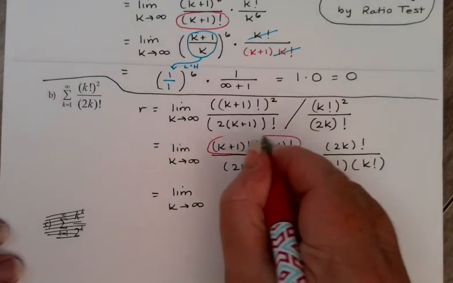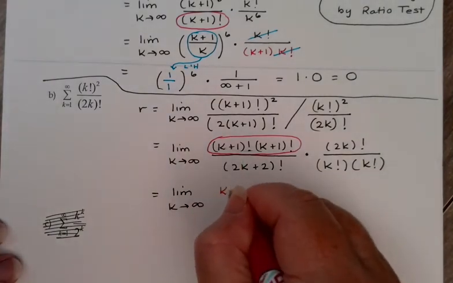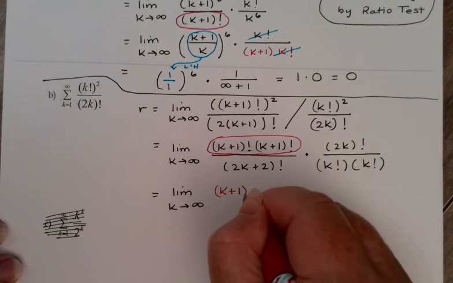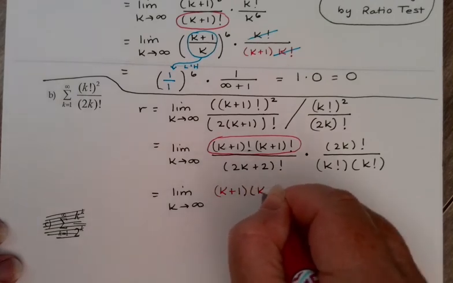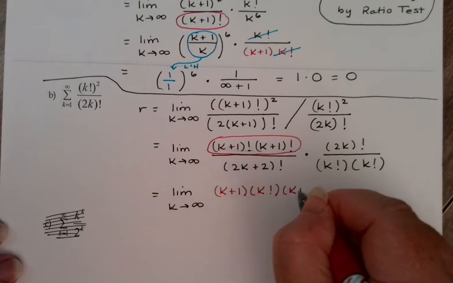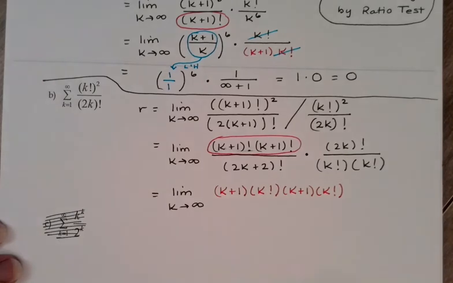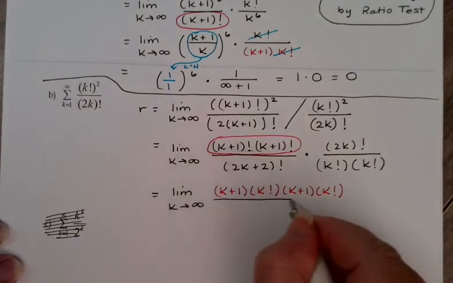These guys, I'm going to rewrite each one of them as k plus 1 times k factorial. And again here, k plus 1 times k factorial. Same trick as the previous problem.